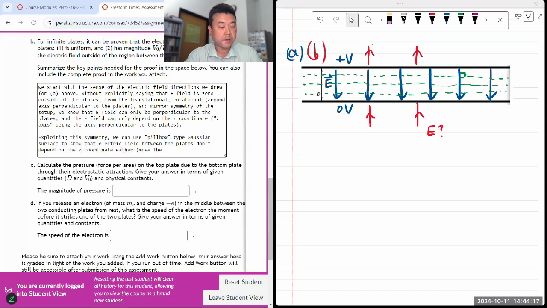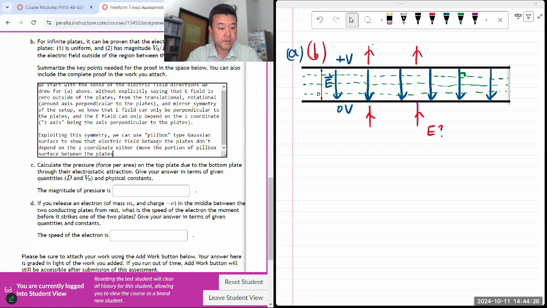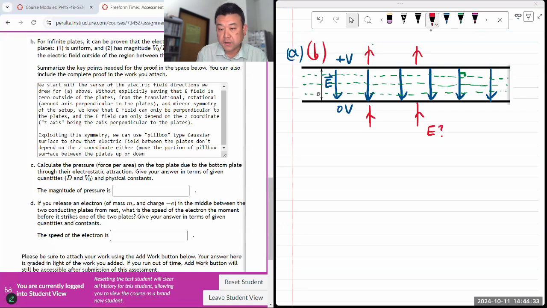Move the portion of the pillbox surface between the plates up or down. So I'm describing a Gaussian surface that kind of looks like this. Yes, just to show some perspective view.